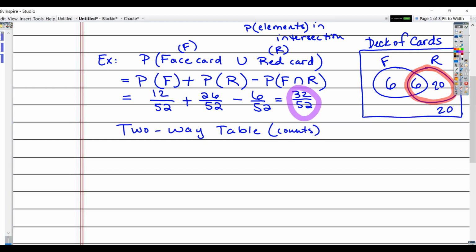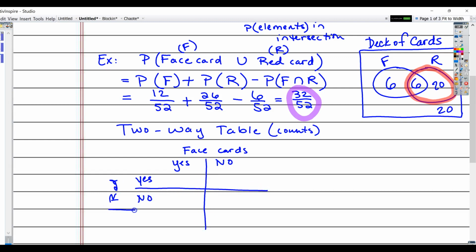Frequencies are just another way of saying the number of, or counts. So let's put our face cards along this way, and we'll say yes to face cards, no to face cards. Let's put our reds over here, and let's just say yes and no.